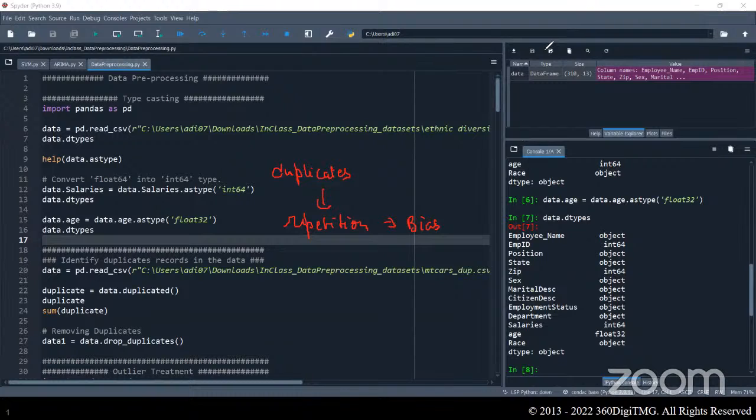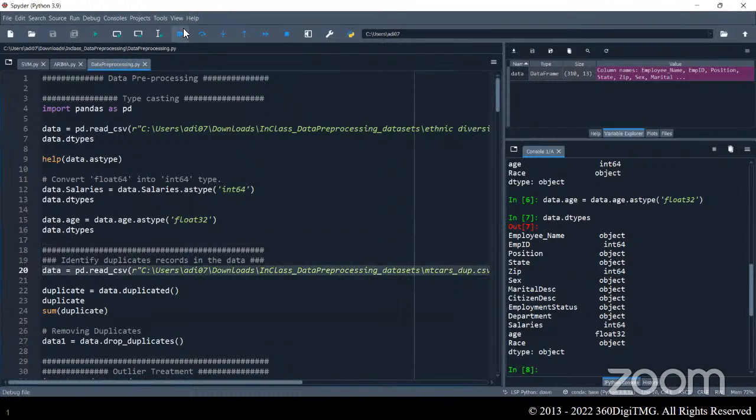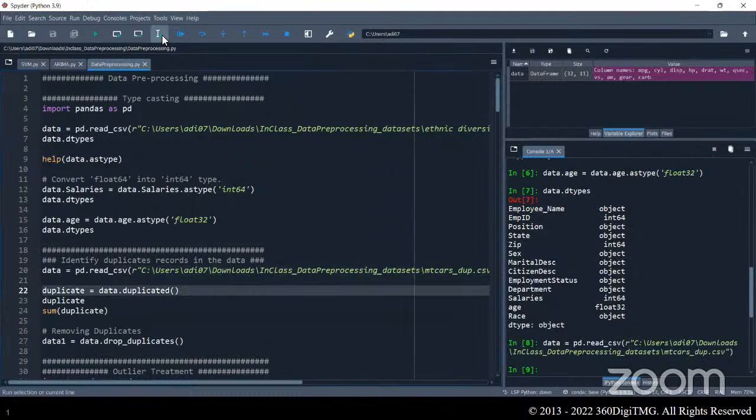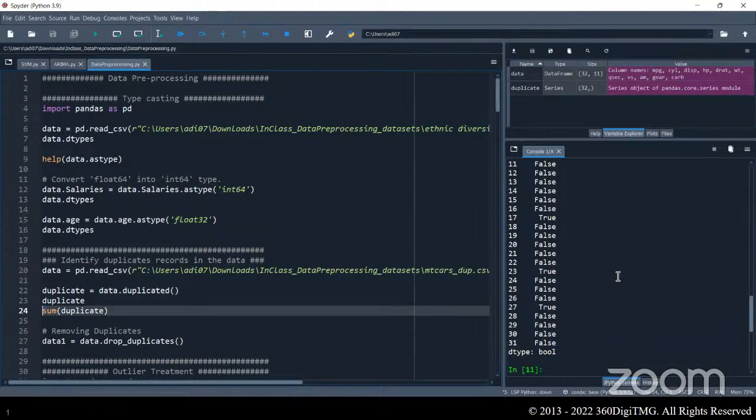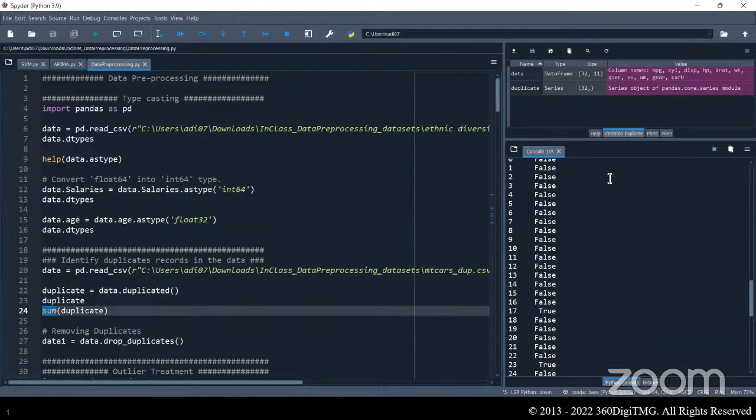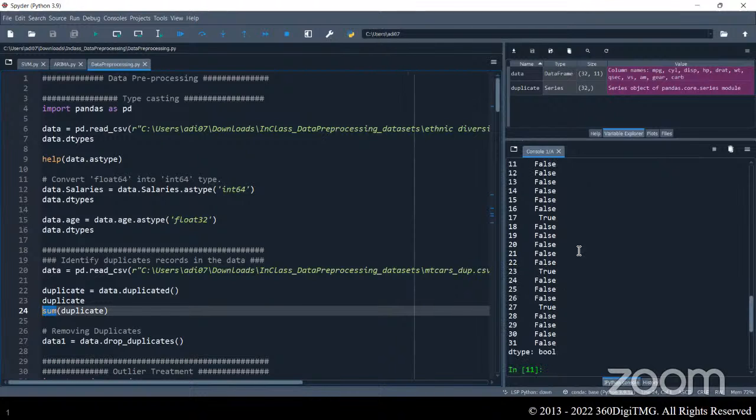So we'll load our data set again and take a look at the values. Wherever it is saying false, that row number does not have any duplicates. Wherever it is saying true, we have duplicates. So based off of this, we can say that row number 17, row number 23, and row number 27 have duplicates.